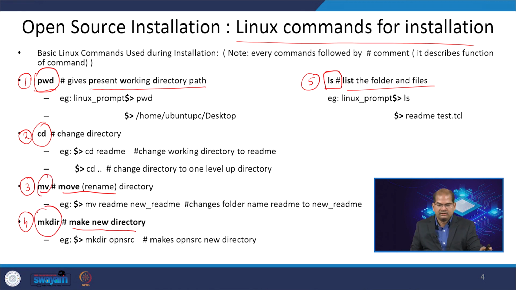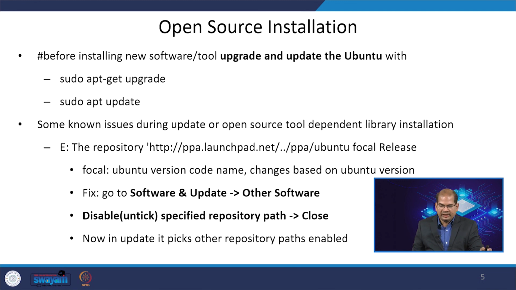For doing the installation, we have to follow this flow: sudo apt-get upgrade, and sudo apt update we need to do, and we follow the steps mentioned here for installing the tools.